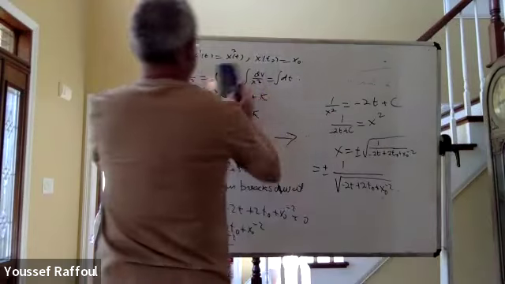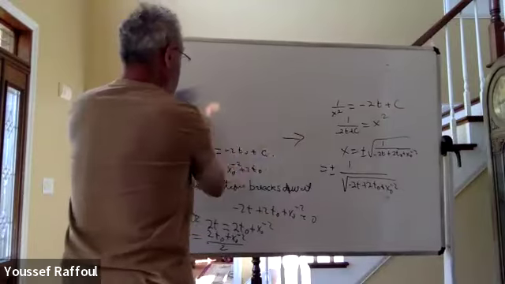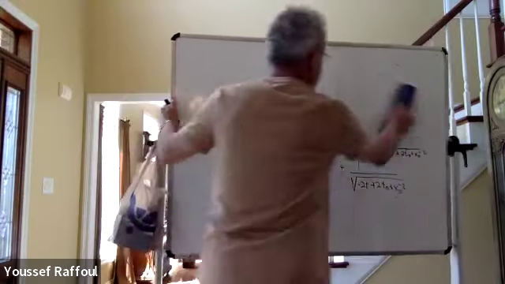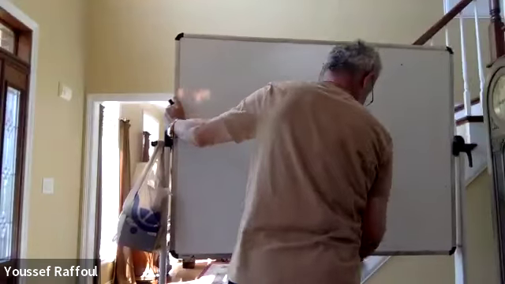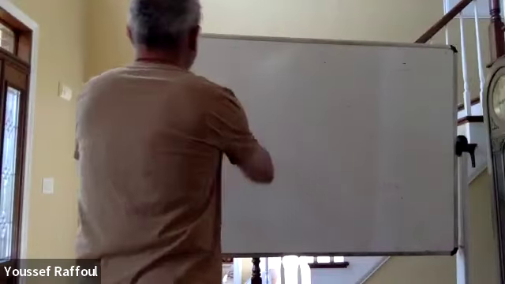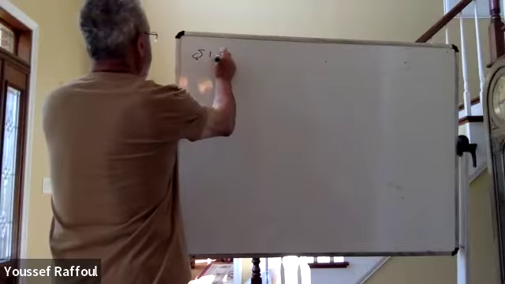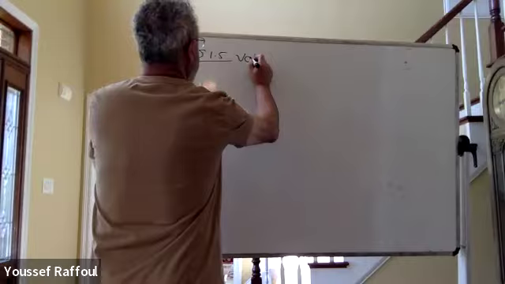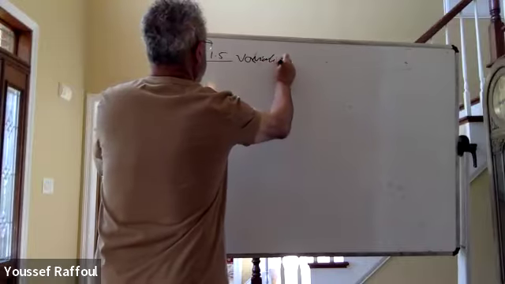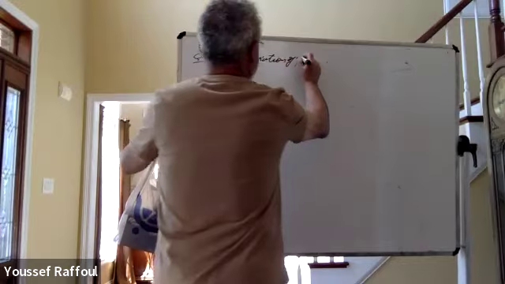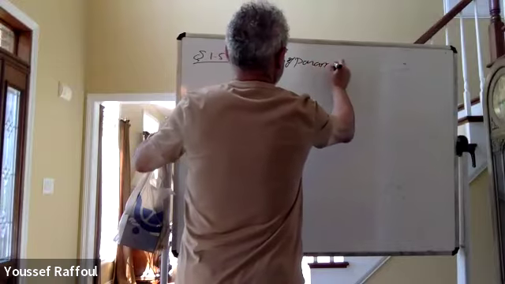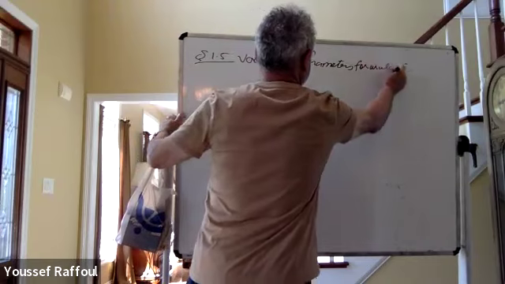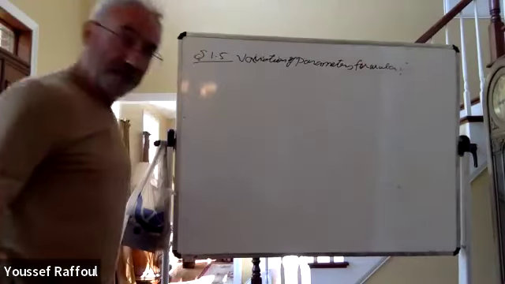Okay, so I'm going to go to section 1.5, the variation of parameters formula.